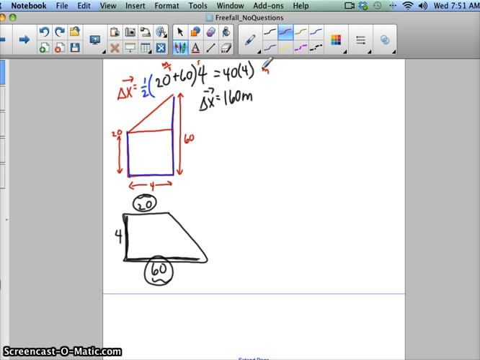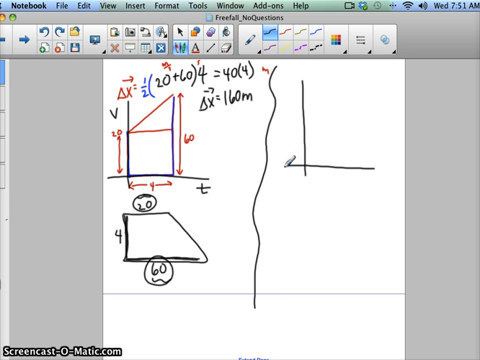Okay? Now I could do the same thing, just using sort of a different approach. Again, this is a velocity graph, the velocity time graph, that looks like a trapezoid, right? So the shape can be broken down into a rectangle and a triangle right here.